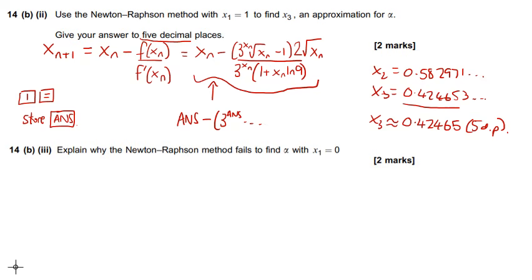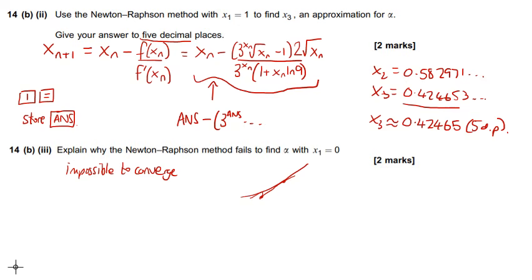Why does Newton-Raphson method fail if we use x1 equal to 0? The reason is that it's impossible to converge. The Newton-Raphson method relies on taking a function and taking a tangent back down to the axis and then using that as your next value.